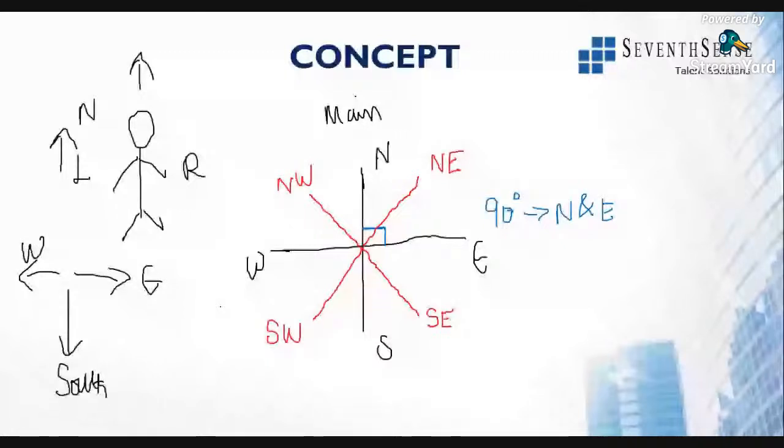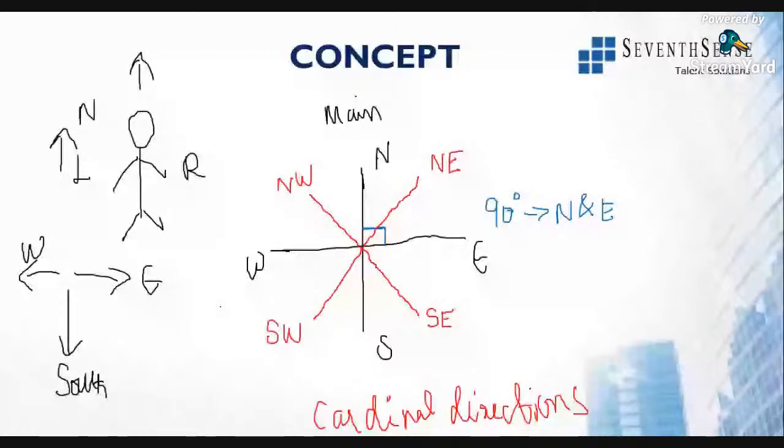Right. So you all know these basic directions, right? The directions between each of them are the cardinal directions. We call the red ones cardinal directions. All right, black is main directions. Please pardon me for my writing, but I hope the concept is clear to you.